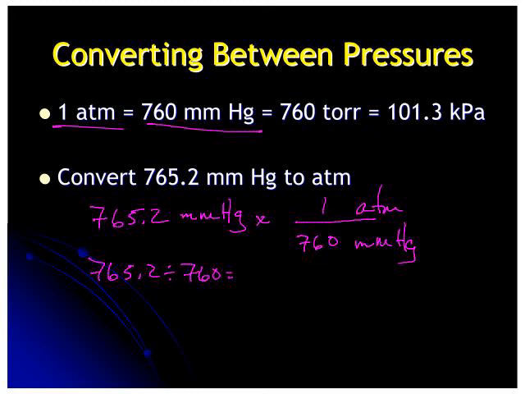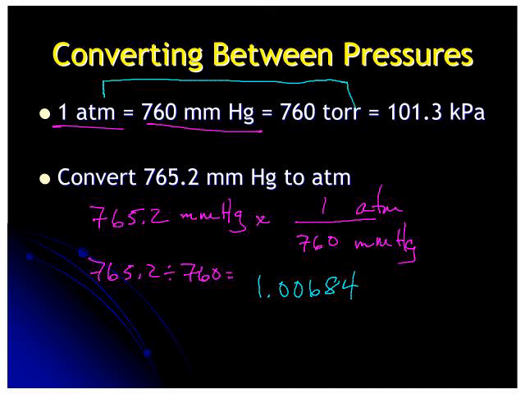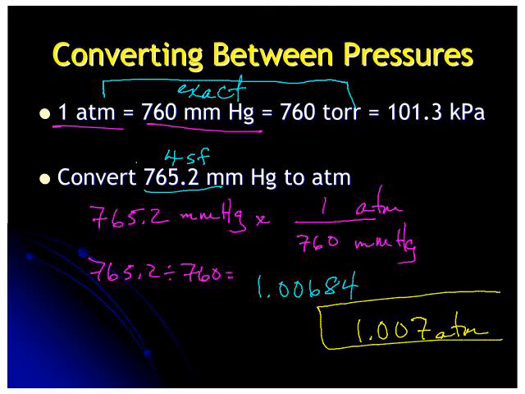That's how you punch it into your calculator, and you get 1.00684 and some additional numbers. When we look at our significant figures, remember these 3 were all exact, so they will not limit our significant figures. It's this right here with 4 sig figs, so my answer becomes 1.007 ATM.